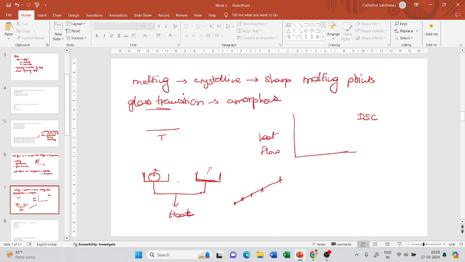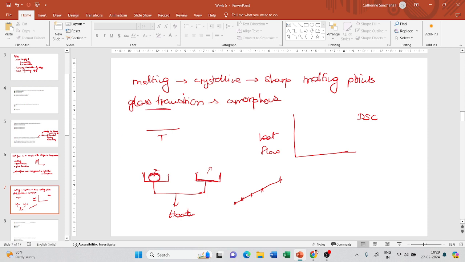Why? Because this sample will undergo certain thermal events. Say it will undergo melting, or crystallization. So whenever it undergoes a transition from one state to another, it requires more energy to do that.